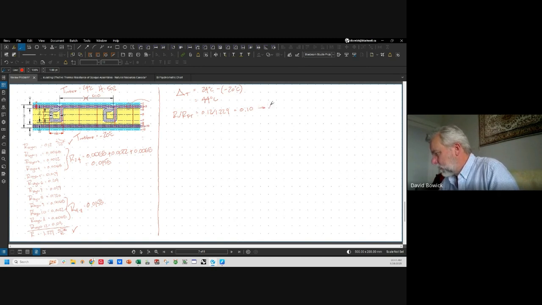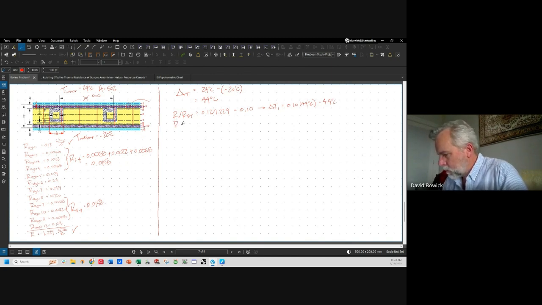Therefore, delta T1 equals 0.10 times 44 degrees Celsius, which equals 4.4 degrees Celsius.